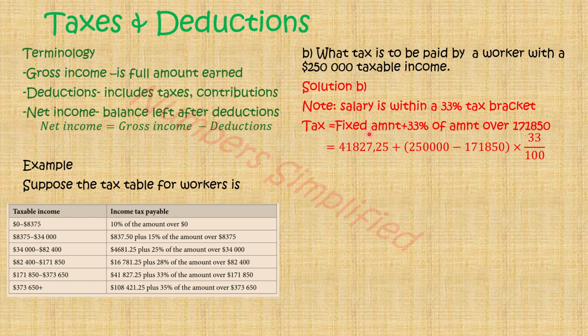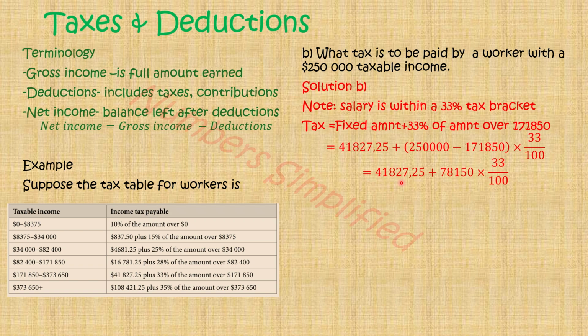Then we are going to get the amount that exceeds that threshold. So we are going to subtract the 171,850 from the 250,000 so that we get 78,150.